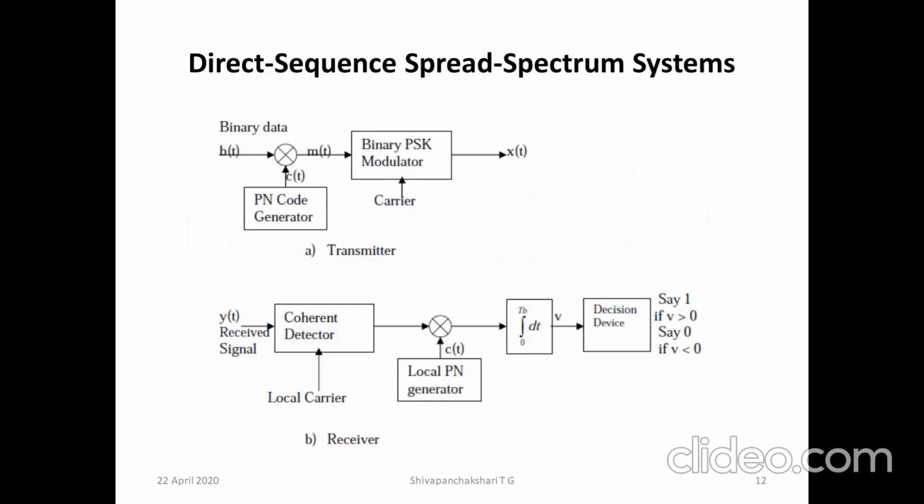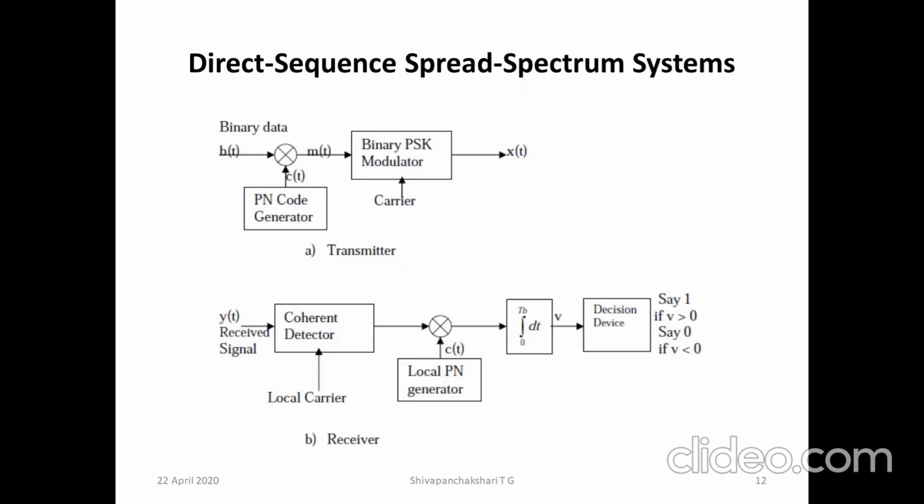So the PN sequence for generating a spread spectrum signal is usually represented as a block diagram. There are 2 types of spread spectrum technique, basically. First one is direct sequence spread spectrum.